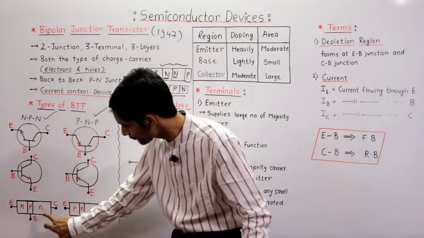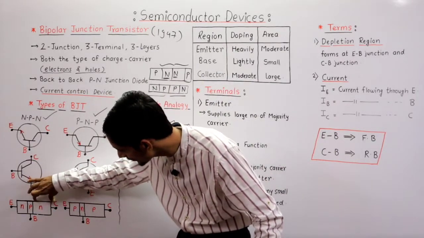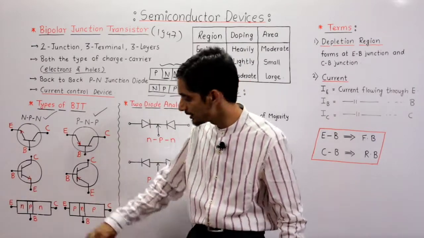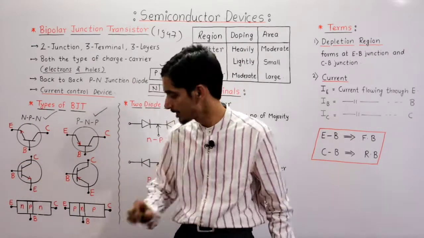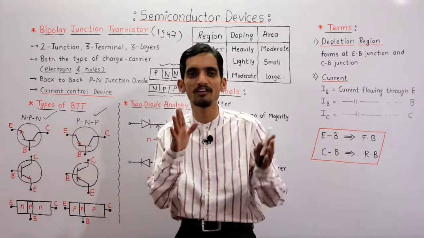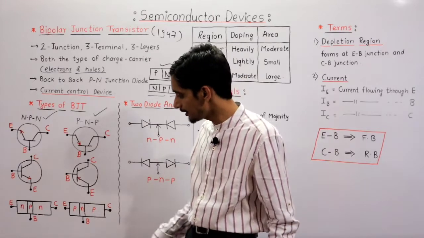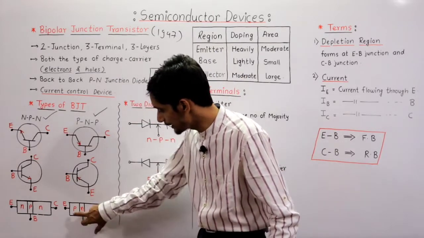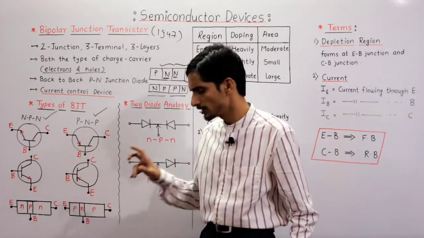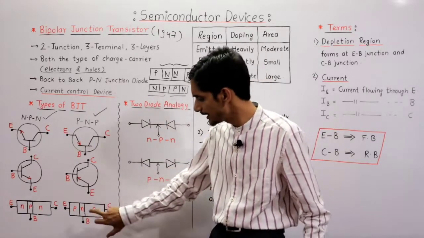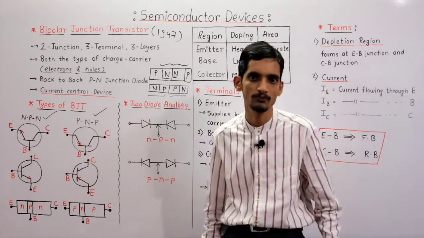If you observe this diagram, the area of the collector region is more, the area of the base region is very, very small or very thin, and the area of the emitter is moderate, intermediate between collector and base. In PNP also, the area of emitter is moderate, the area of base is small, and the area of collector is large.